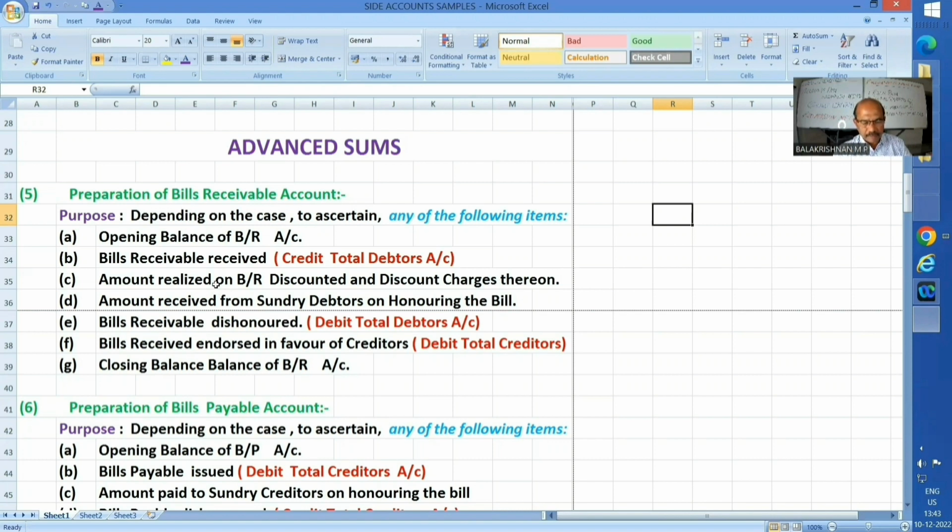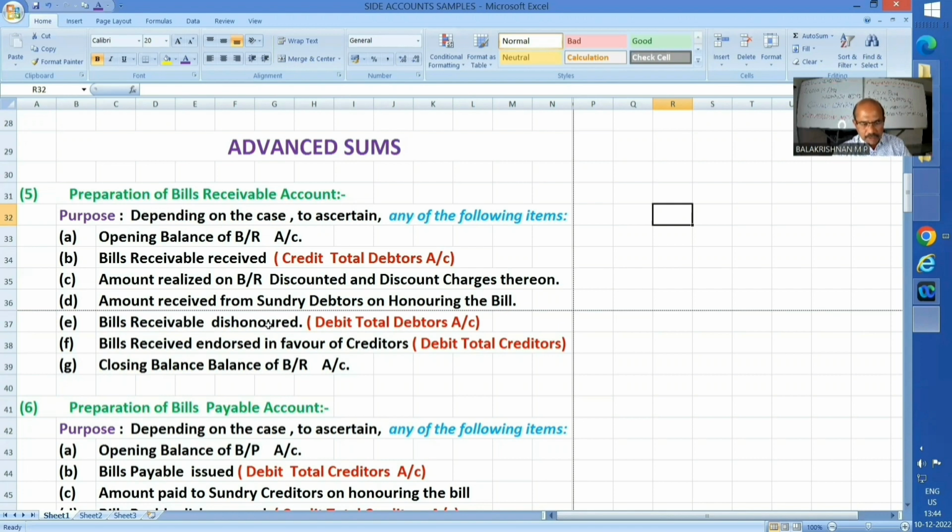The journal entry will be cash book account debit, discount charges account debit to bills receivable. Okay. Then amount received from sundry debtors on honoring the bill. Cash book account debit to bills receivable. You have given away the bill and you have got the money into the bank.